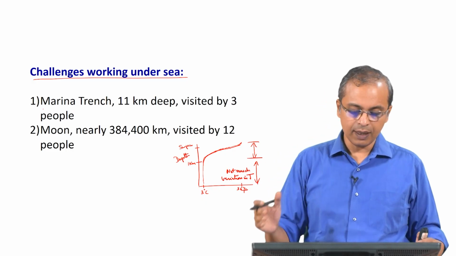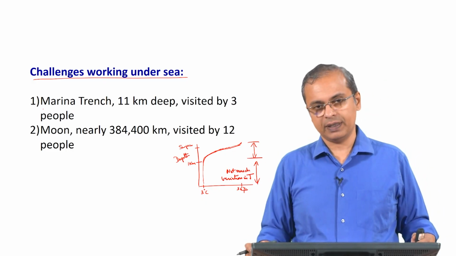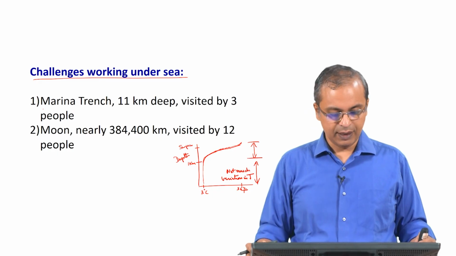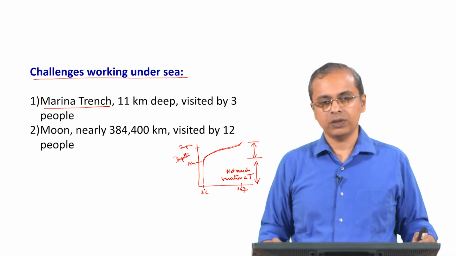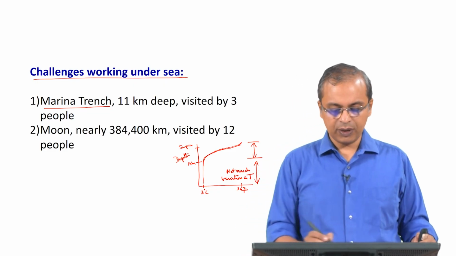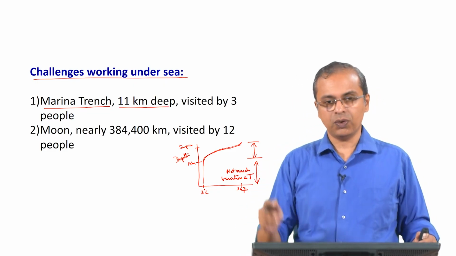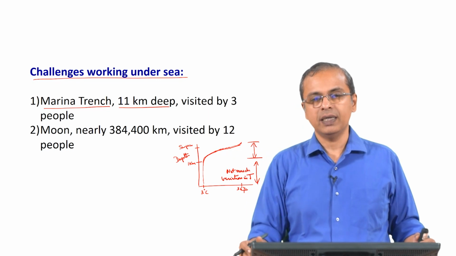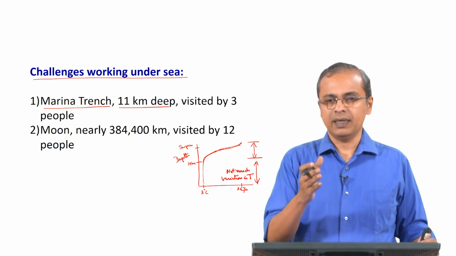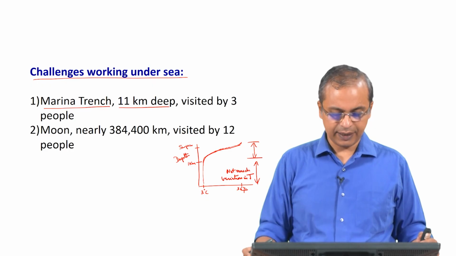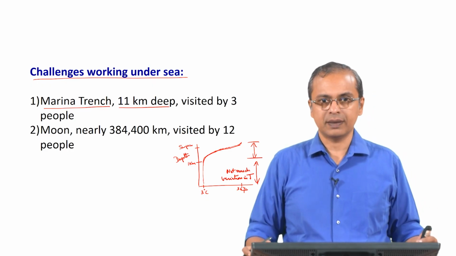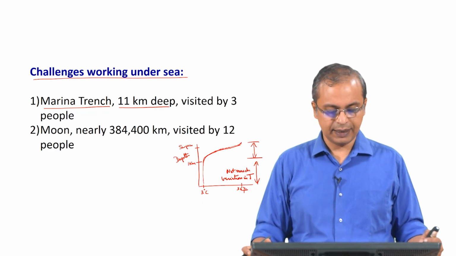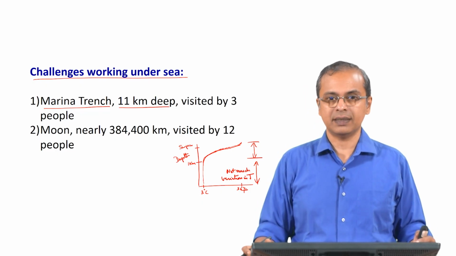The deepest point that they have seen in the seabed is the Marina Trench. Okay, the Marina Trench is about 11 kilometers deep. So, you have to go 11 kilometers deep into the sea to reach this point. It is somewhere near Japan, somewhere in that area. People got to know about this quite some time back, that they were aware that this place existed.